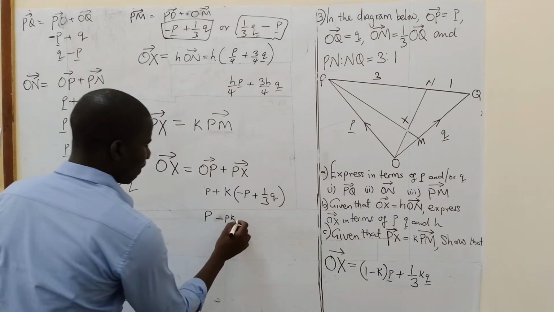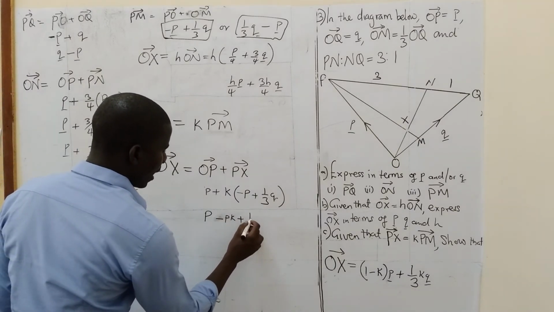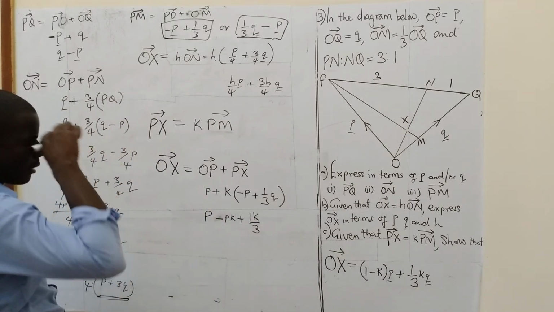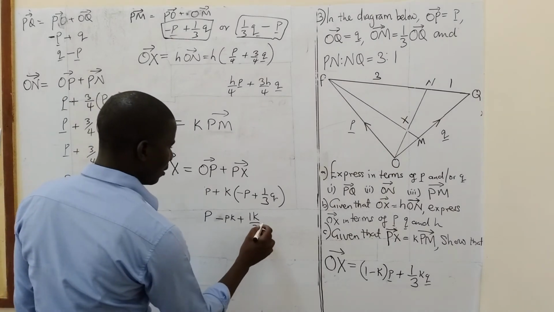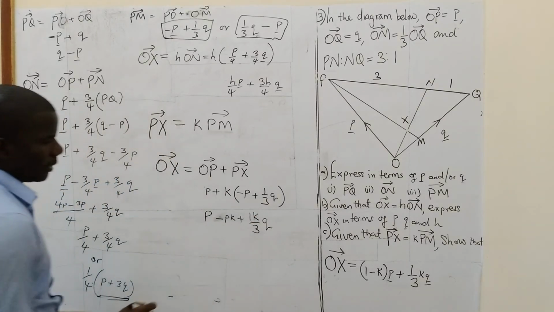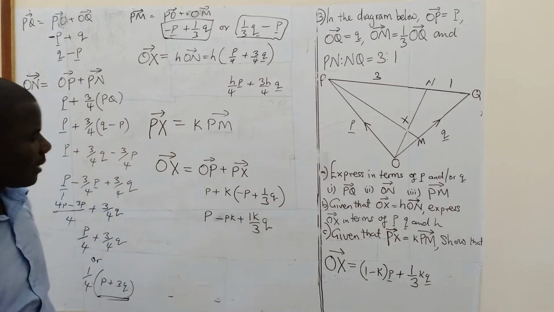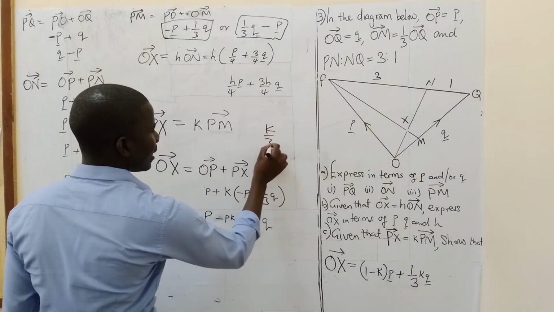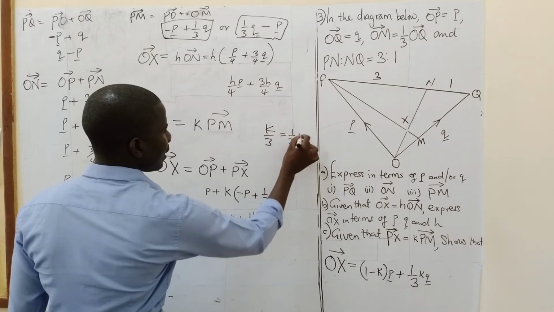Then plus 1K over 3. This is what I was telling you. K over 3 is the same as 1 over 3 K.